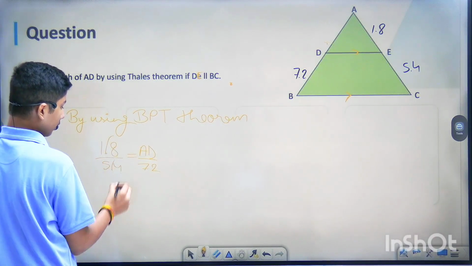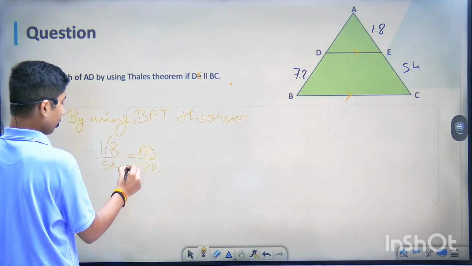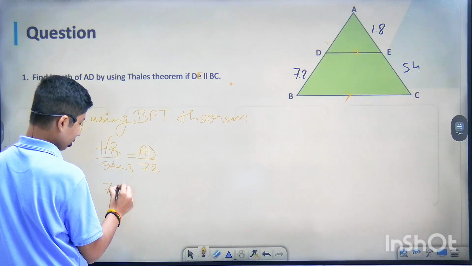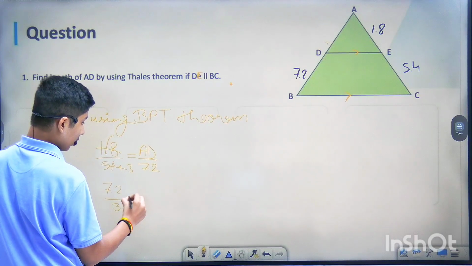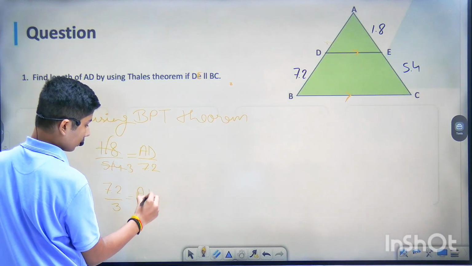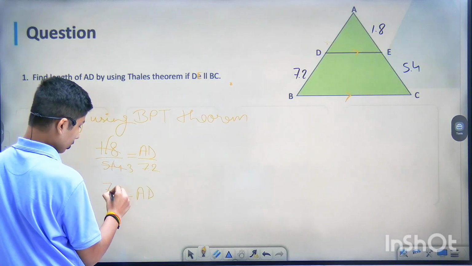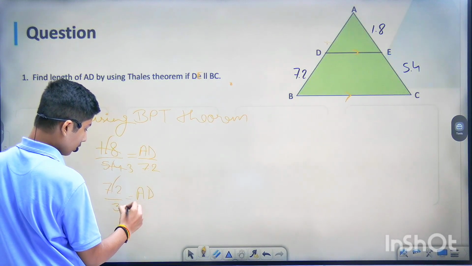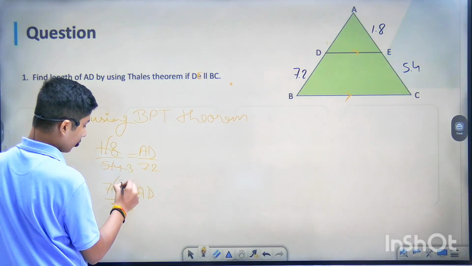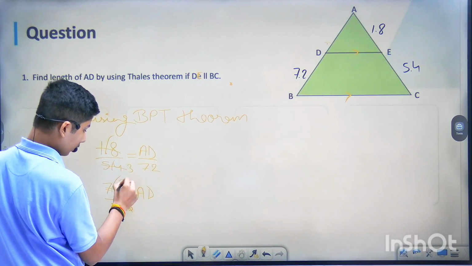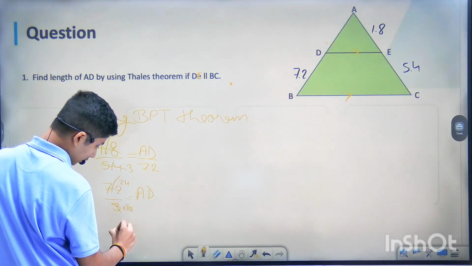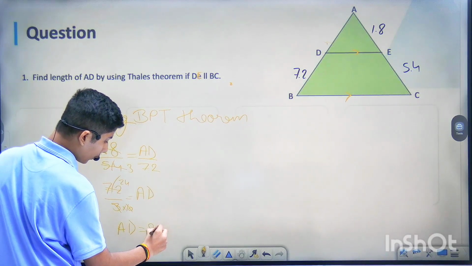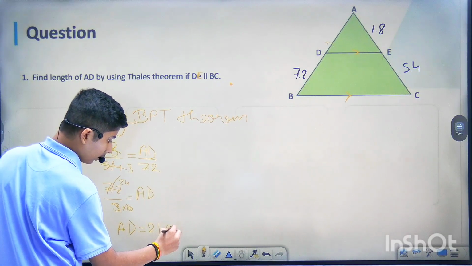This dot is removed, 18, 3s are 54. So 7.2 by 3 equals AD. Remove this, multiply by 10, 24 this way, so the dot will come here, meaning AD is equal to 2.4 centimeters.